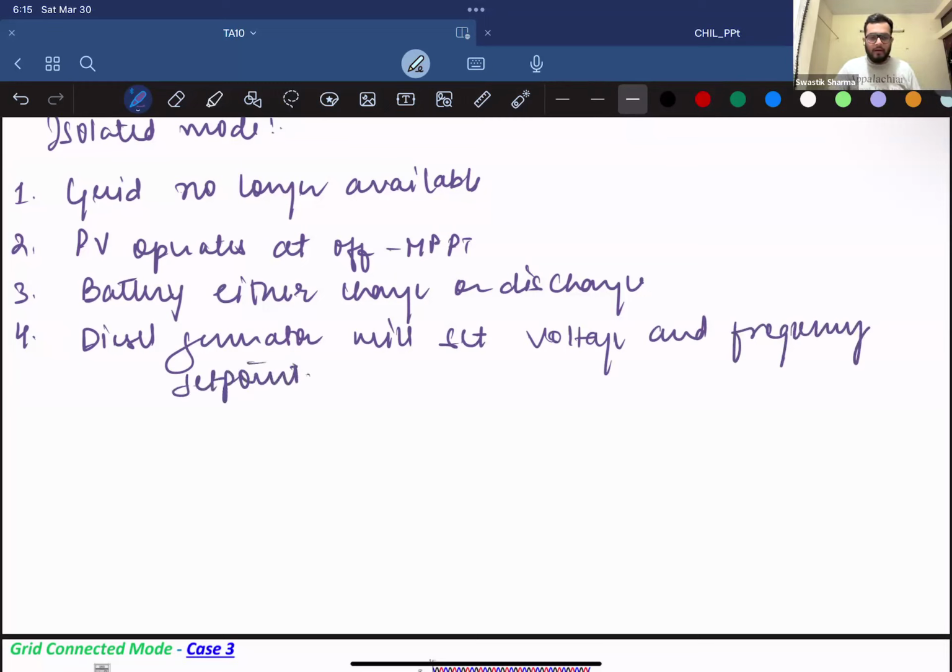We all know the diesel generator consists of a turbine coupled with a synchronous machine, right? The mode of operation is called isochronous mode of operation, where the priority of your diesel generator is to maintain frequency. That's why it's called isochronous mode.